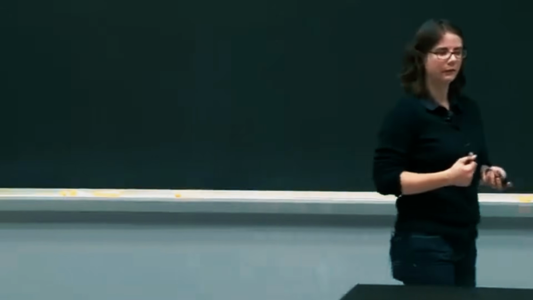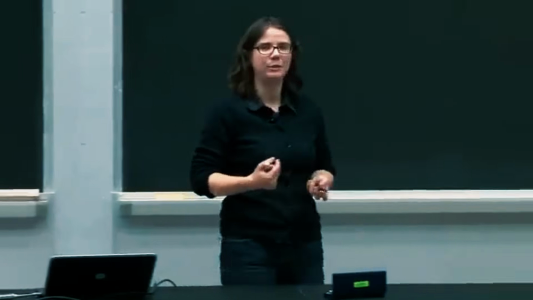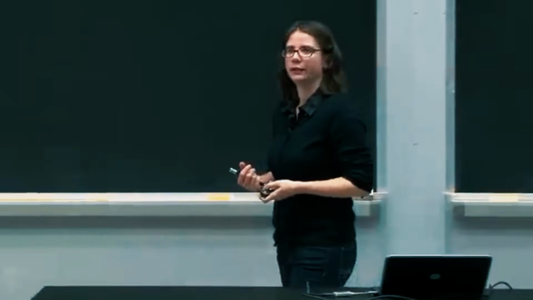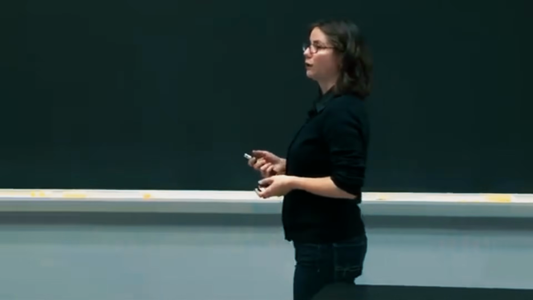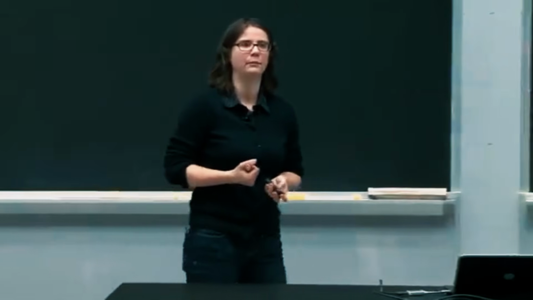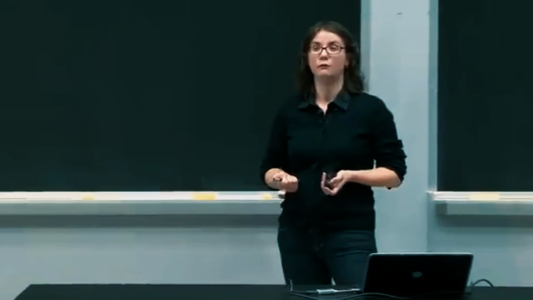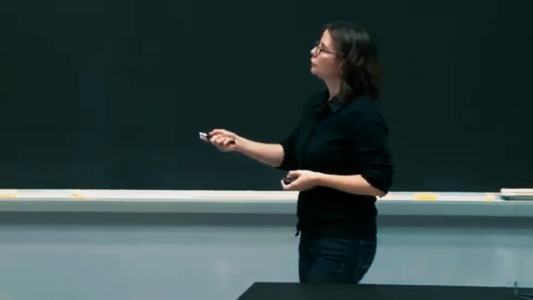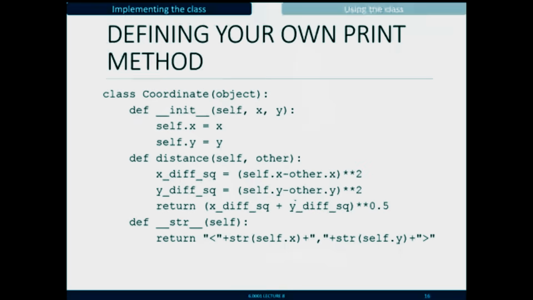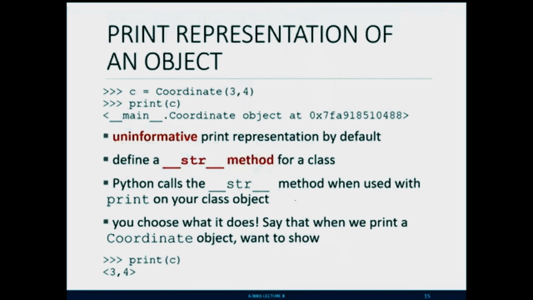So we have a coordinate class. We can create a coordinate object. We can get the distance between two objects. As you're using the class, if you were maybe debugging at some point, a lot of you probably use print as a debug statement, and maybe you want to print the value of a coordinate object. So if you create a coordinate object, c is equal to coordinate(3, 4), that's what we've done so far. If you print c, you get this funny message.